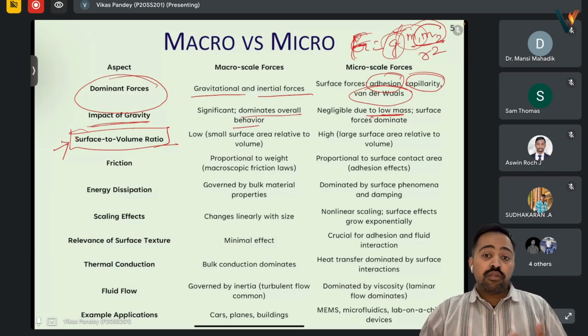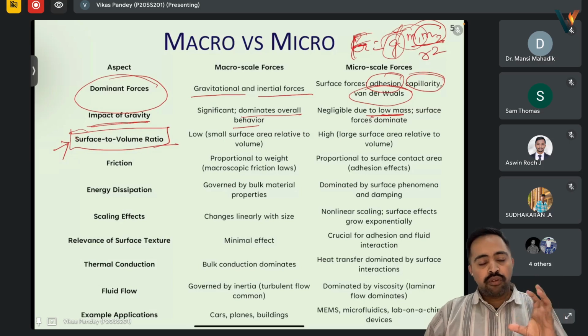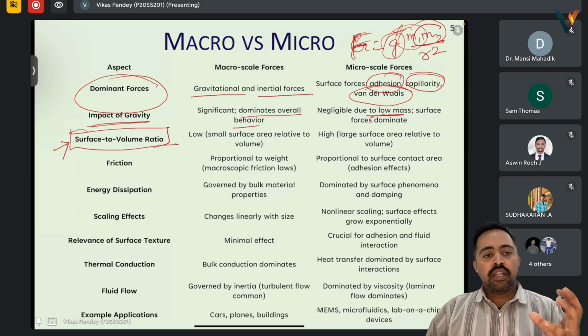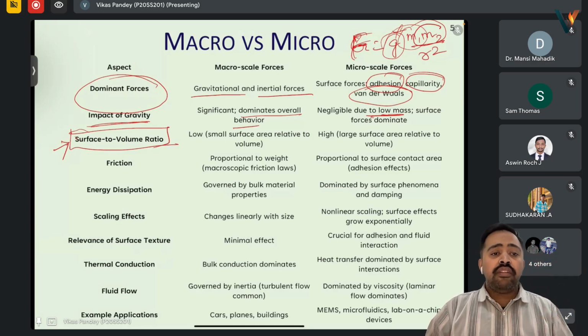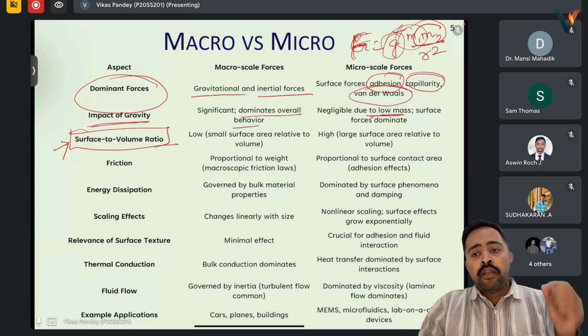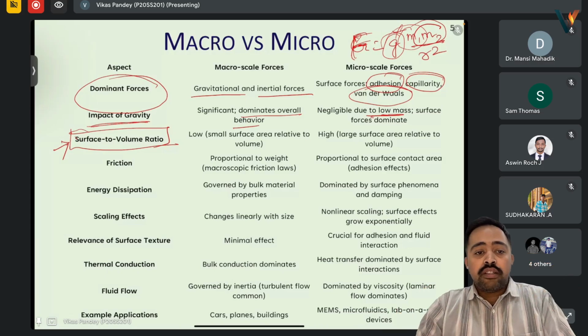In that case also, the size is reduced. Reducing the size will actually increase the surface to volume ratio. So for the same volume of the material, we will have a larger surface area because it is finely divided or in smaller particles.